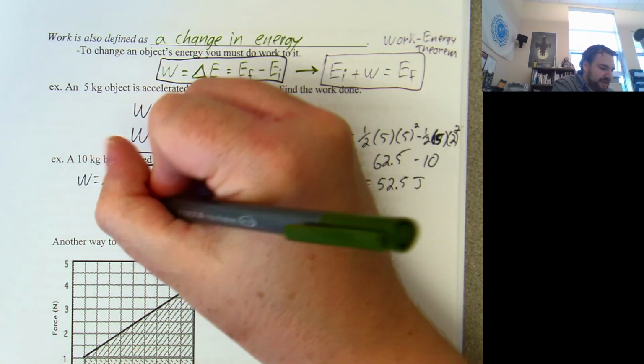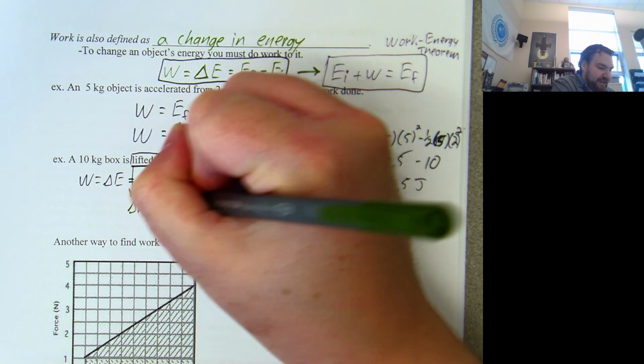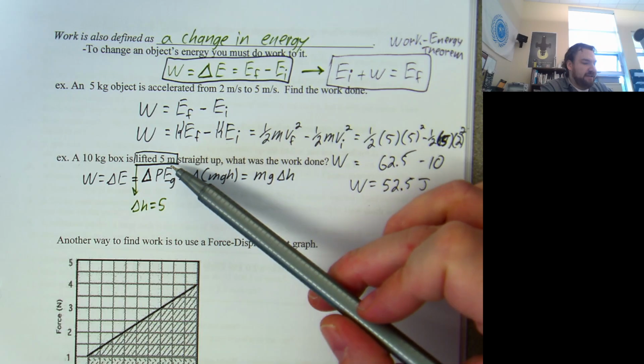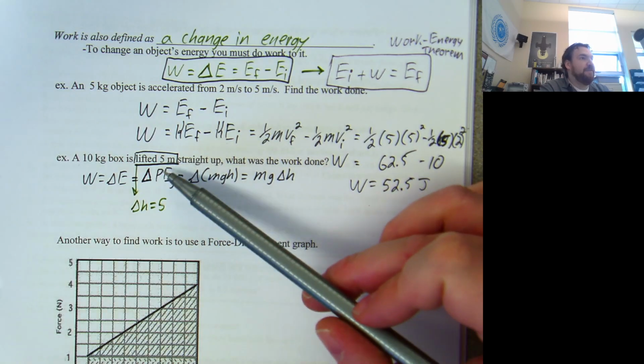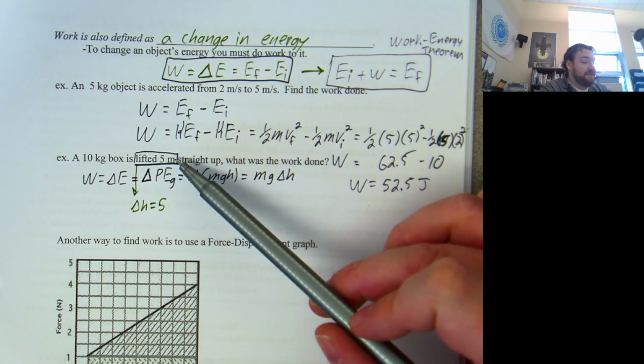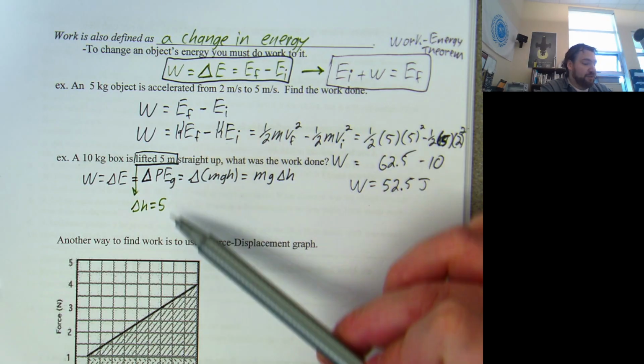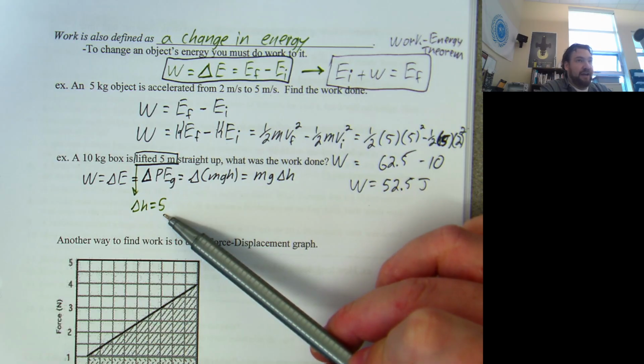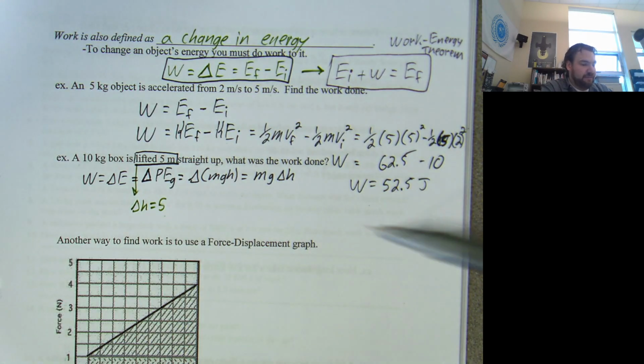This lifted 5 meters means your change in height is equal to positive 5. The final height is bigger than the initial height. It's gone up 5 meters. If this was dropped 5 meters, this result would be negative. Good. Because the final height would be lower than the initial height. So we can find the work this way.